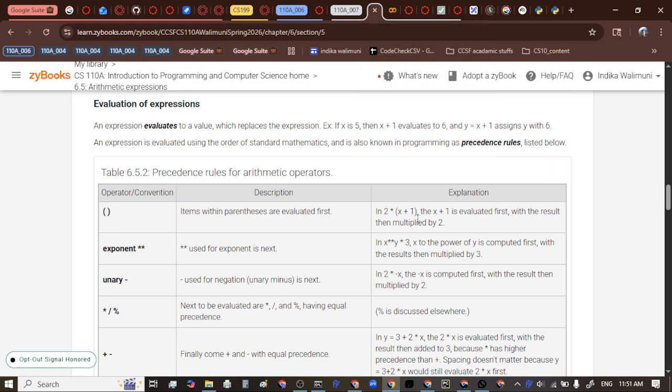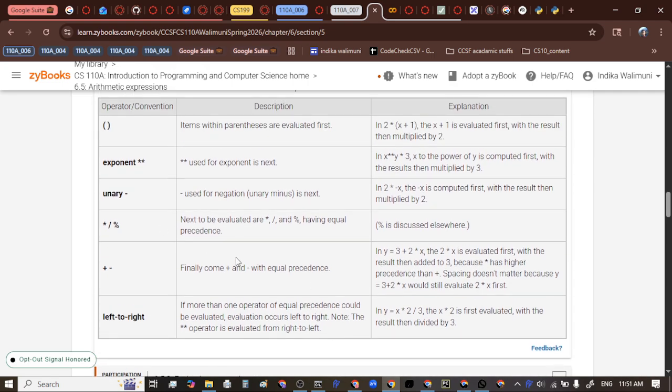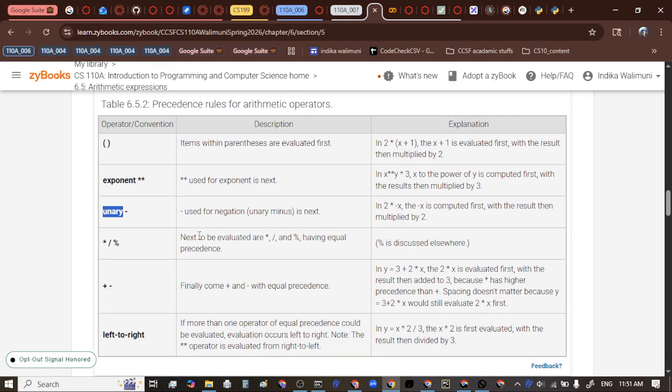Let's go back over here. There's some explanation. Unary means just the unary negation. This table shows you the order of precedence. It goes up from bottom to top, which means we do this first, then this, then this.